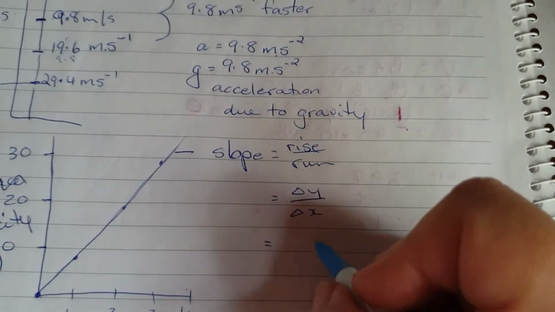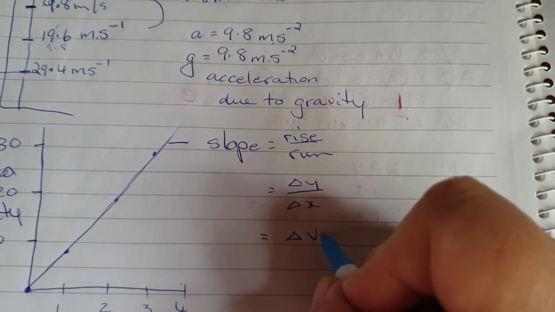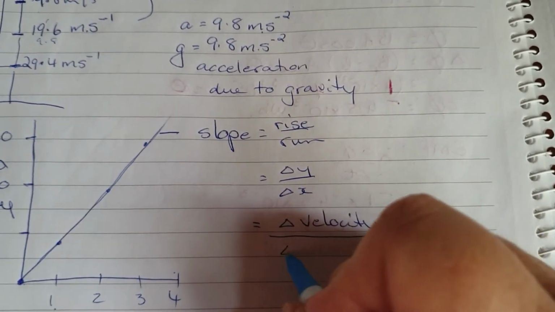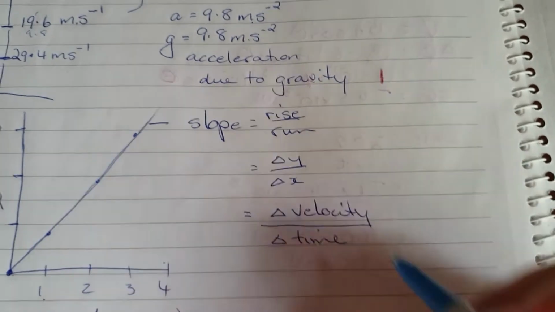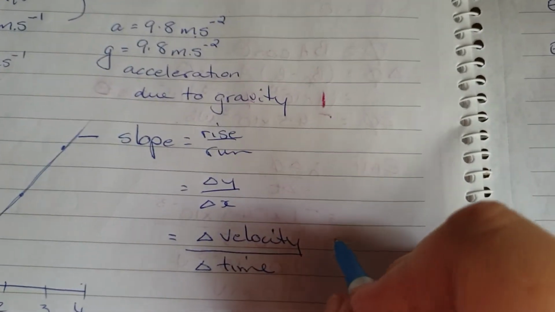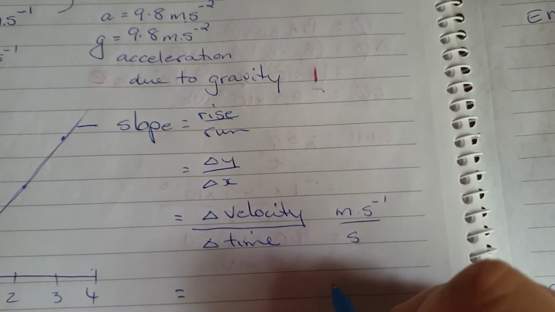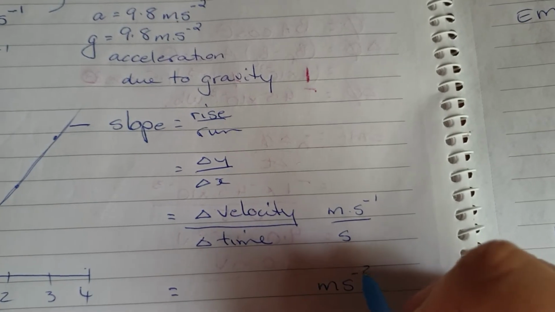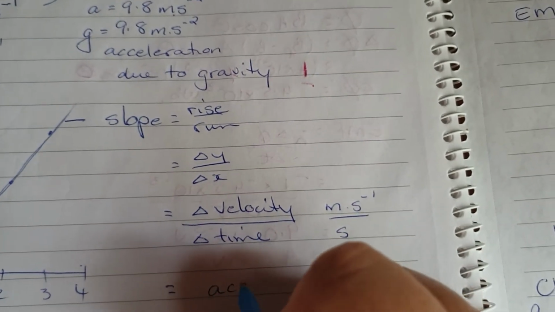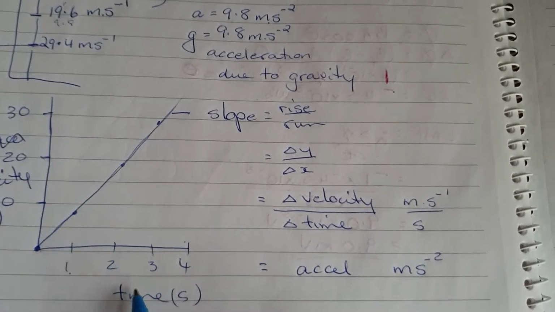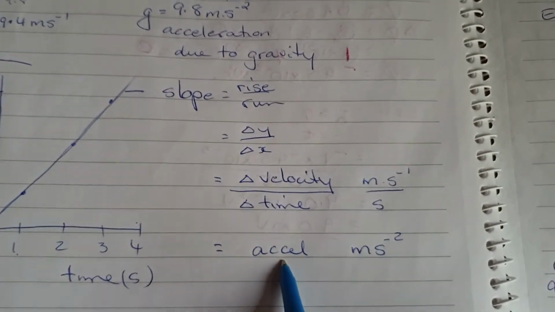So it's going to be the change in the velocity divided by the change in time. So if I'm looking at the units, that would be meters per second divided by seconds again. So it's meters per second squared, which is acceleration. Right, so slope of a velocity time graph gives me acceleration.